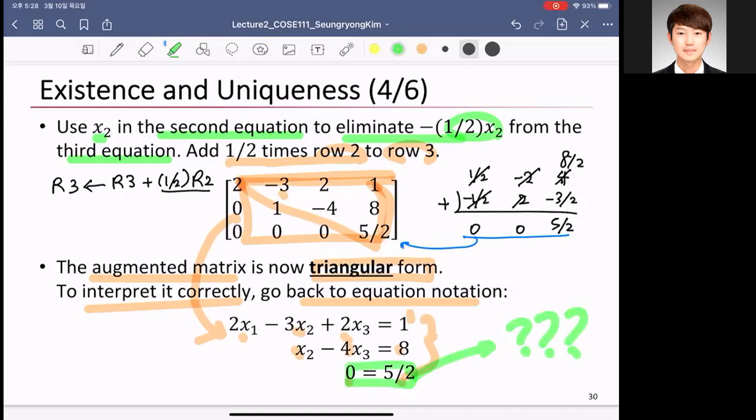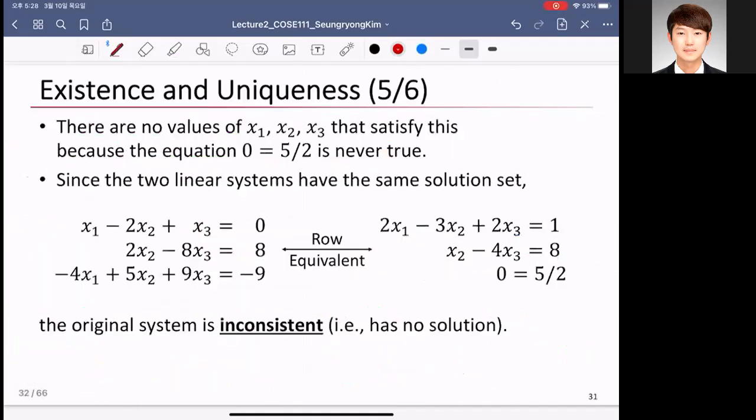It's impossible. So in other words, we can say that there's no solution, and this system is inconsistent. Right? Okay. There are no values of x1, x2, and x3 that satisfy this because the equation 0 equal to 5 over 2 is never true.